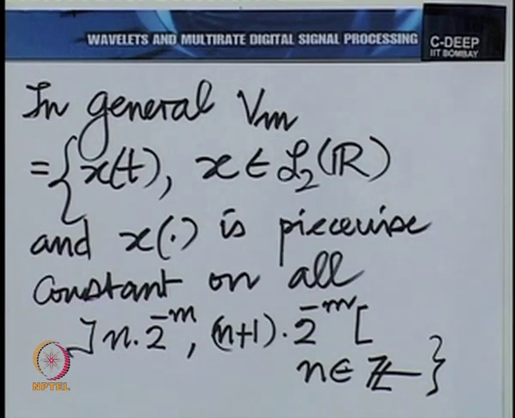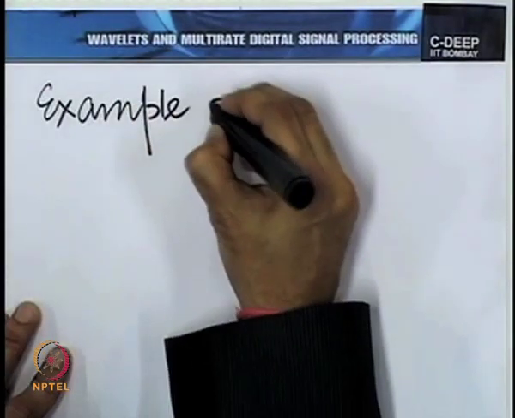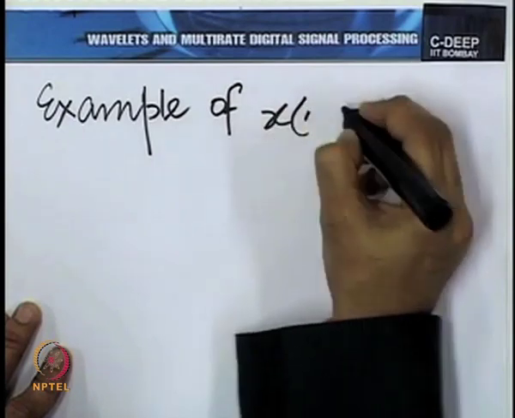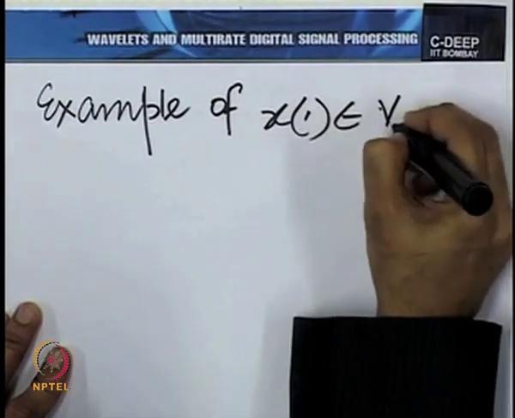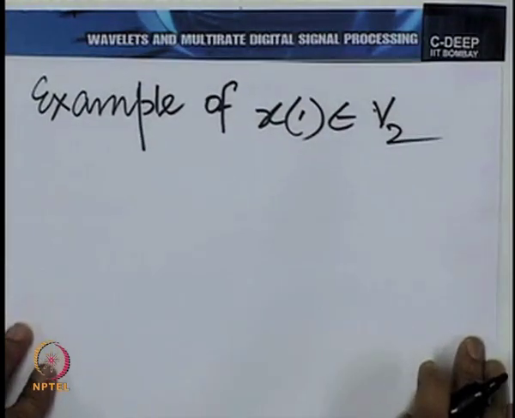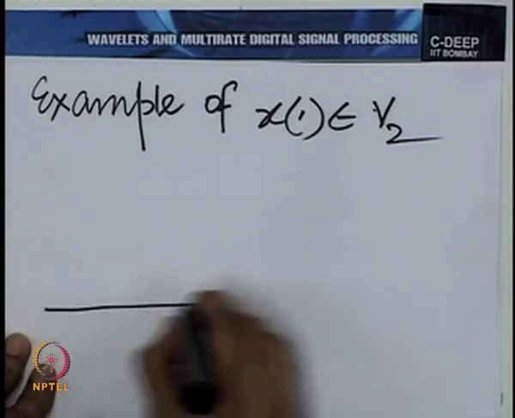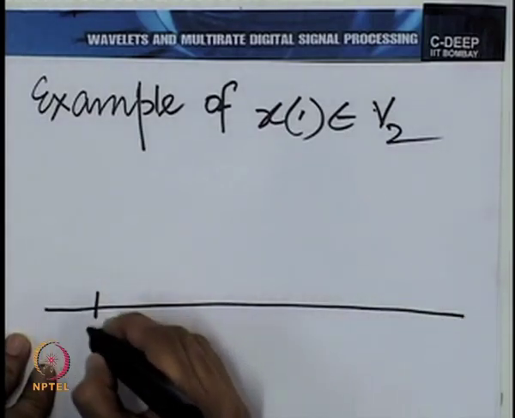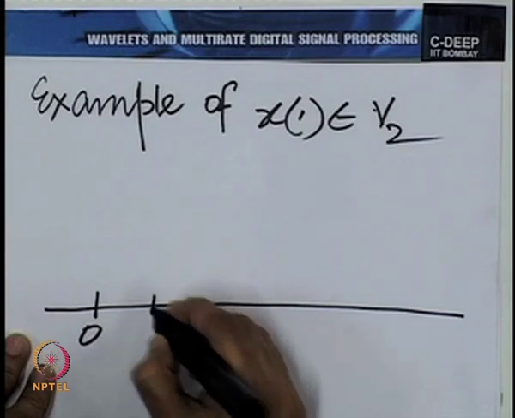To fix our ideas, let us sketch a couple of examples. So, let us take an example of x belonging to V 2. It would look something like this. So, you would have intervals of 1/4 here.